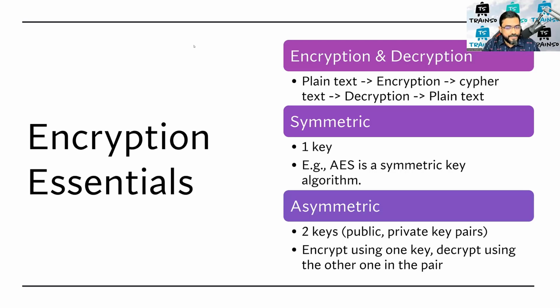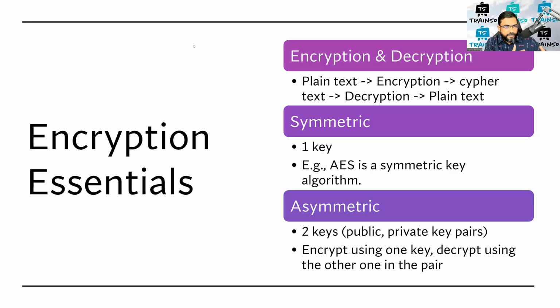Okay, in symmetric encryption, you have only one key that is used for encryption and decryption. And AES is a popular symmetric key algorithm. And with asymmetric keys, you have two keys. With asymmetric keys, you have a combination of public and private key pairs. So pair means two, right? So everybody will have a pair of keys. One is called a private key and one is called a public key.